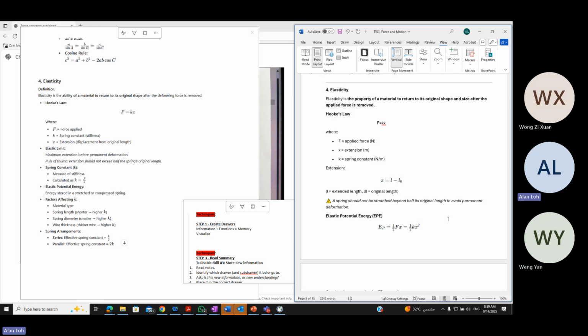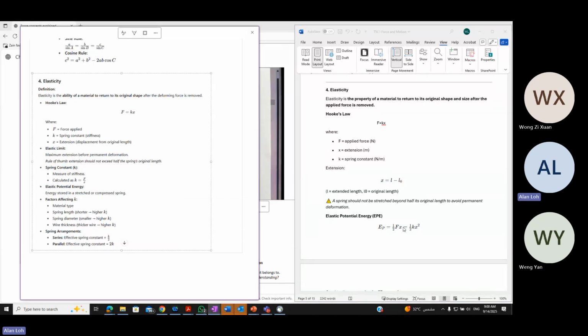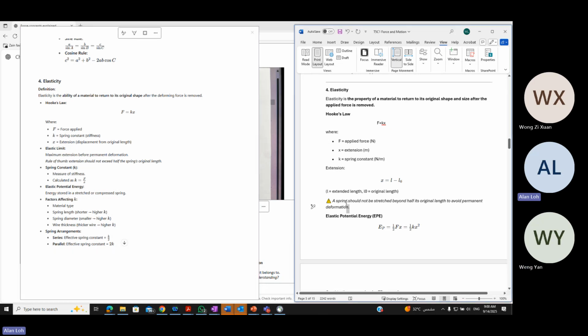Is there any new information or new understanding? There's some new formulas. I mean, not exactly new, but written maybe in a different form. It's somewhere here, right? This one, but it's in a different form. Any other new information or new understanding? Not really.